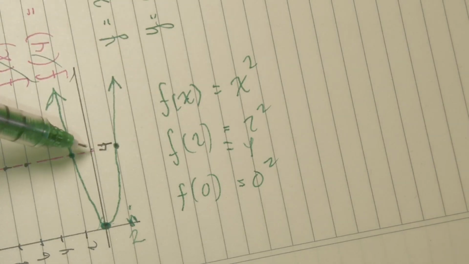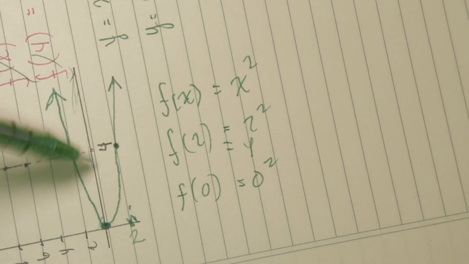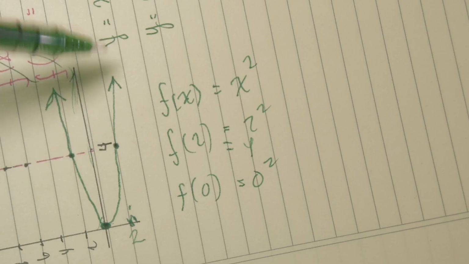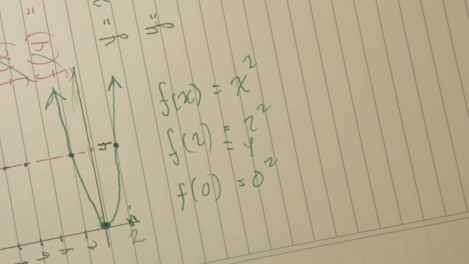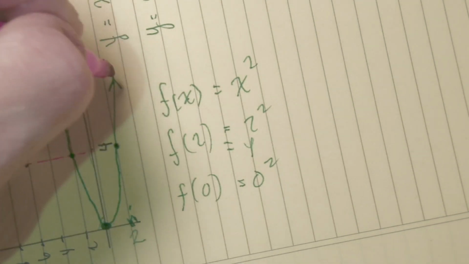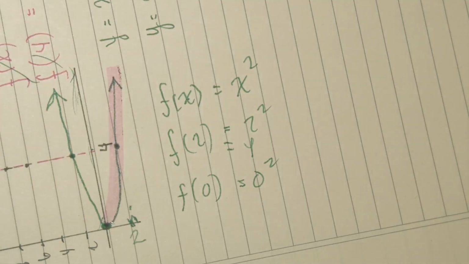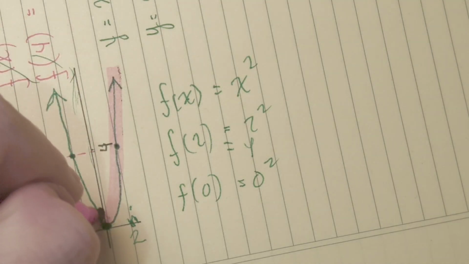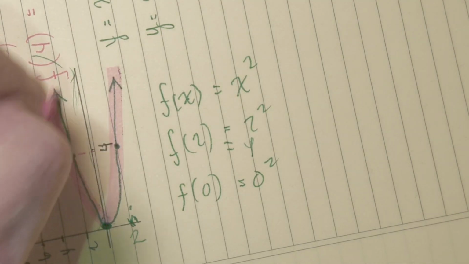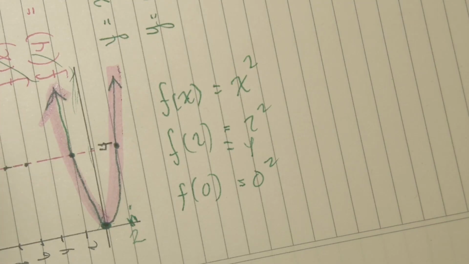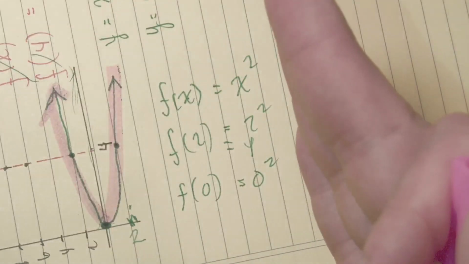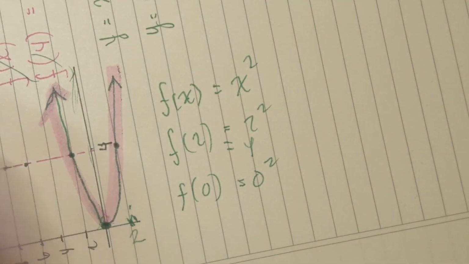And then you can use the symmetric reflective property here and say, well, look, it's a mirror graph, right? So I'll just mirror it. You don't really have to plug in the other numbers. You already know it's going to be symmetric about the axis of symmetry. That's what that's called, the axis of symmetry.